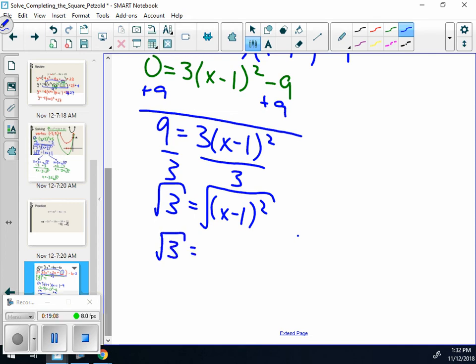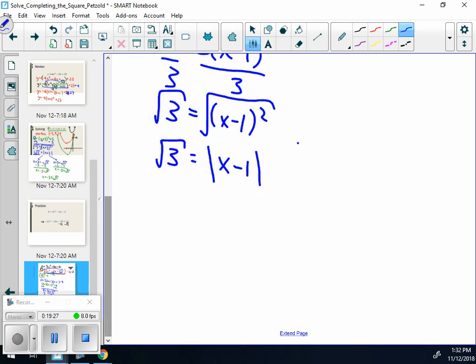And what do we have on the right-hand side? X minus 1. But we have one more thing we have to add to that. Absolute value signs. Cool. Square root of something, we have the absolute value. And then can you call on one more person for us? Help us with our 2 cases. Or dice.